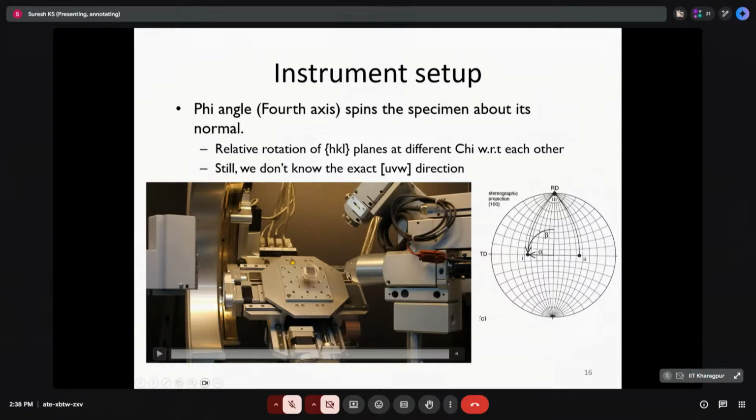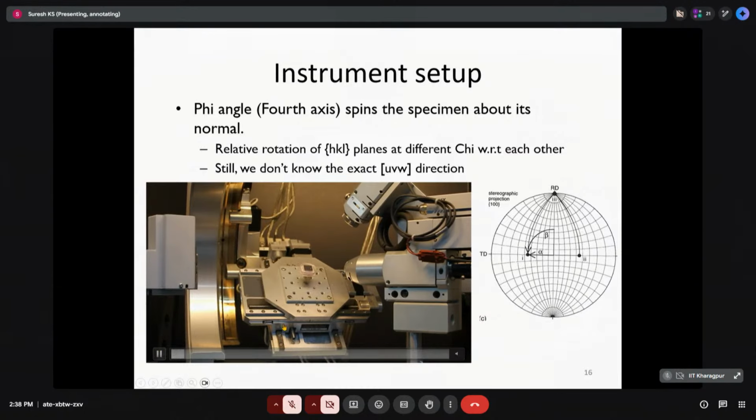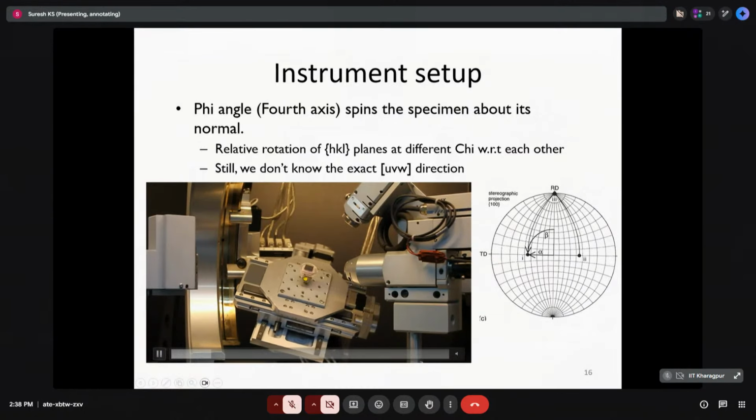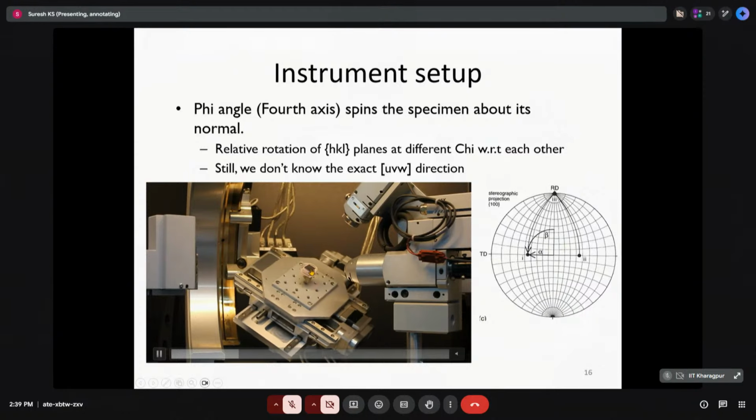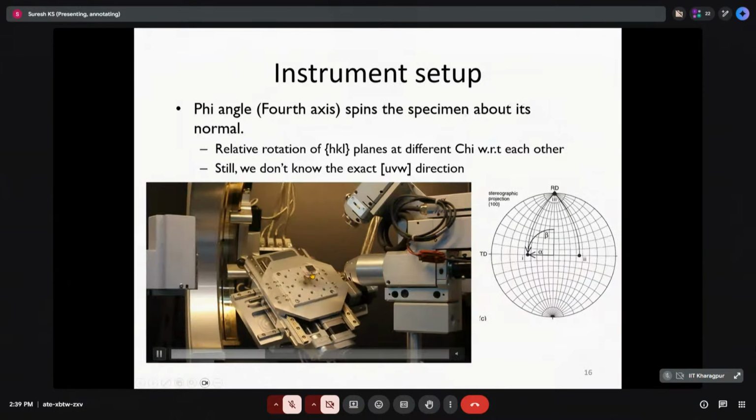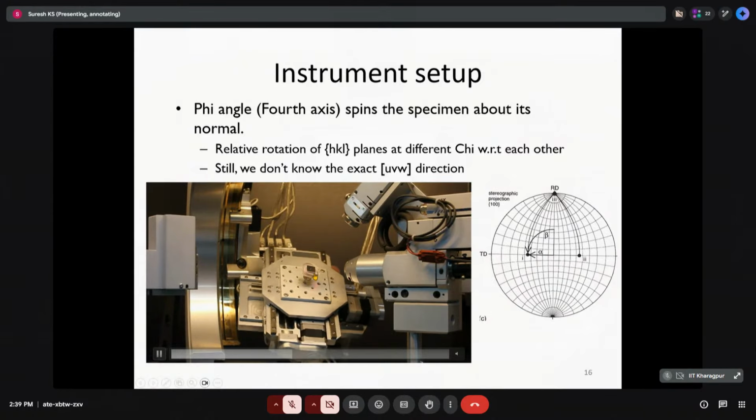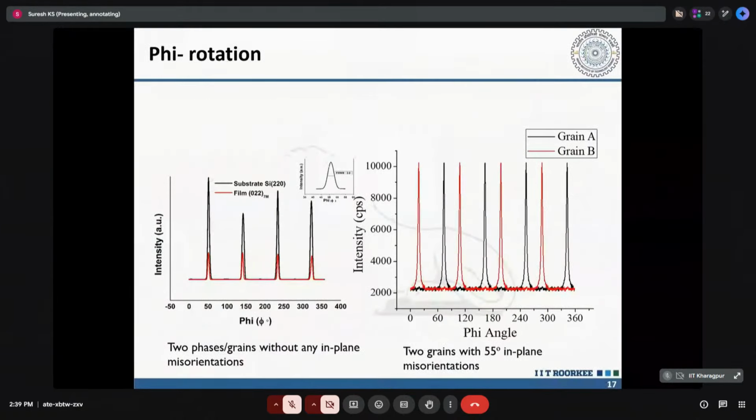Assume that at the given chi tilt angle, we have one particular HKL plane which is undergoing the diffraction. I am just rotating the sample about its normal. So what sort of intensity variations in the detector can one expect?